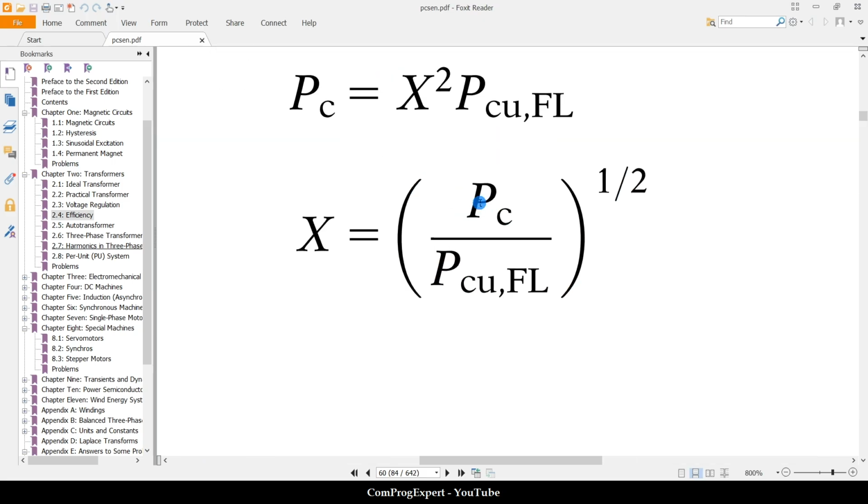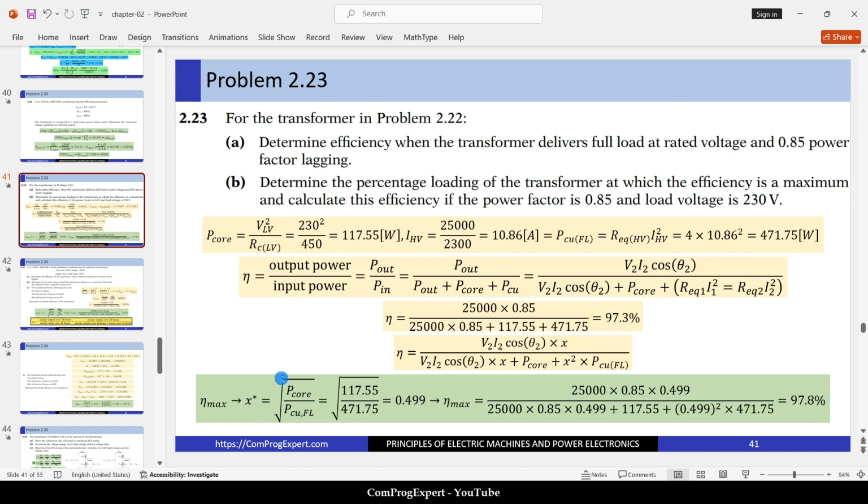This is the condition for the maximum efficiency: the load fraction is the square root of full load core loss divided by the full load copper loss, that is equal to 0.499.